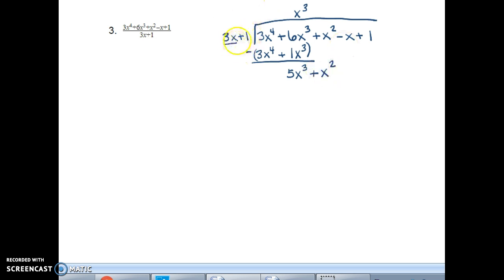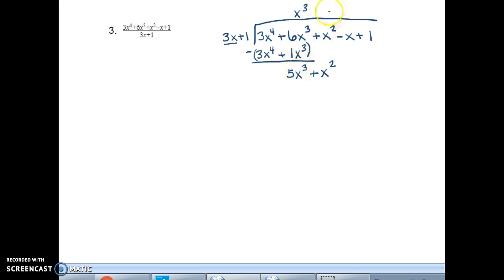Now this is a case where we notice, how many times does 3x go into 5x cubed? We must be having a problem in which these are not divisible. Again, if I check on my work, 6 minus 1 is 5, but 3x does not go into a 5x cubed, therefore it's not divisible. So we already can say that 3x plus 1 is not a factor, and in this case we are going to have a huge remainder.